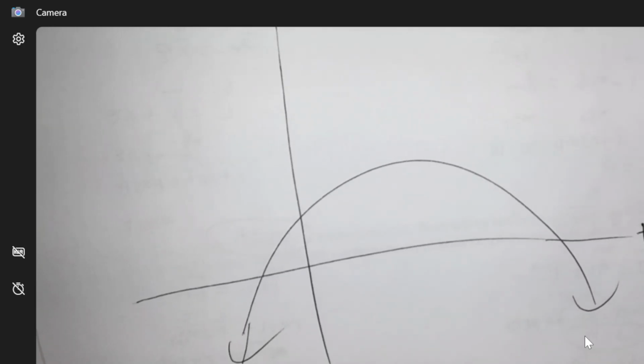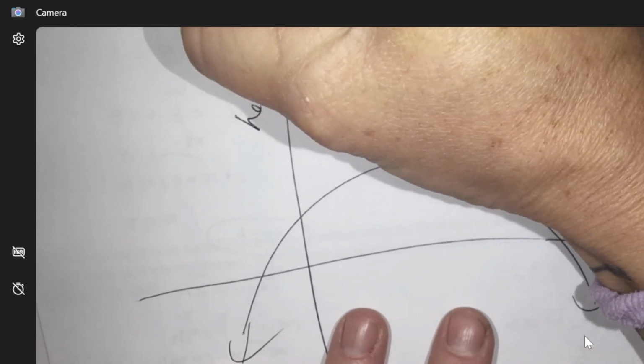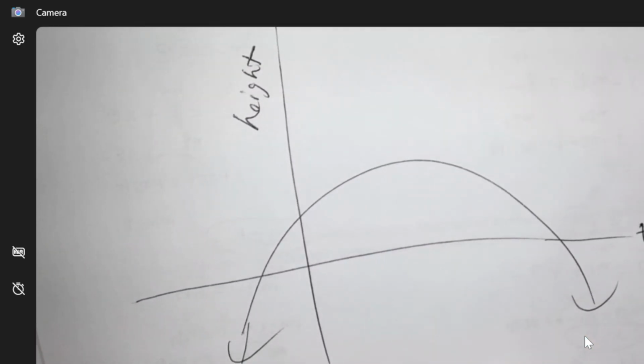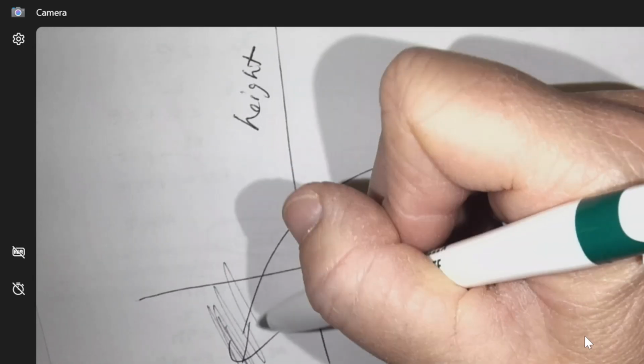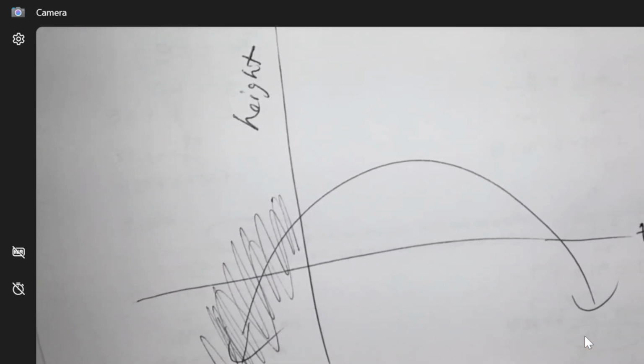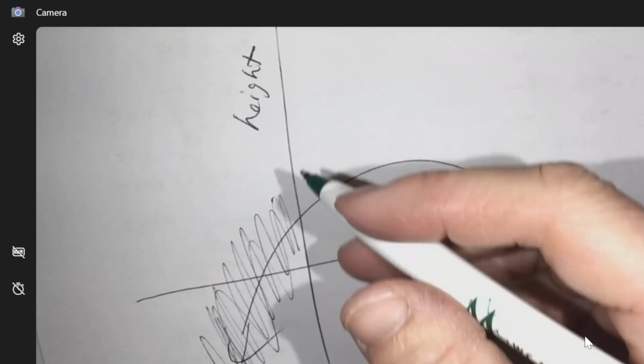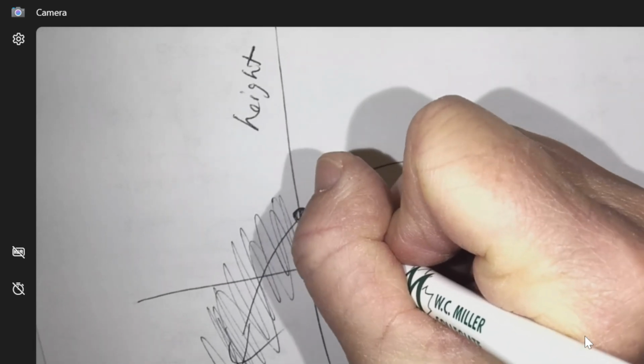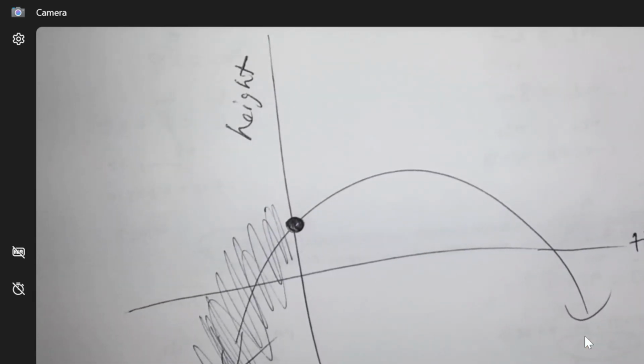This would be the time, and this would be the height of the ball. Technically, I wouldn't draw any of this section. Why wouldn't I do that section? Negative time. That doesn't work. So, in the real problem, it would start just there, which is the y-intercept.